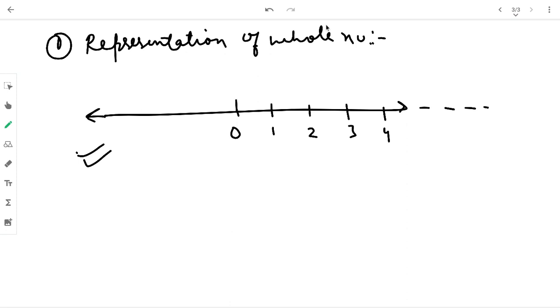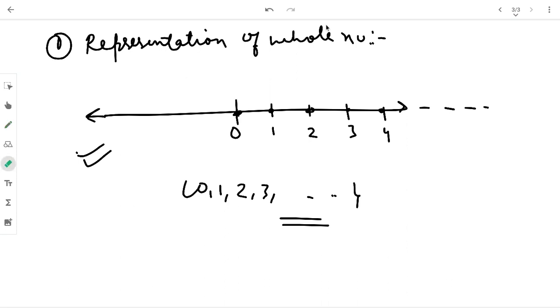So these points represent whole numbers, which are 0, 1, 2, 3, 4, and so on. This is the representation of whole numbers, in which 0 is also included.